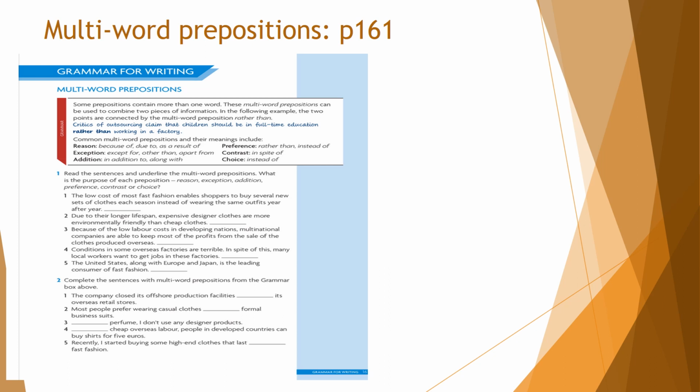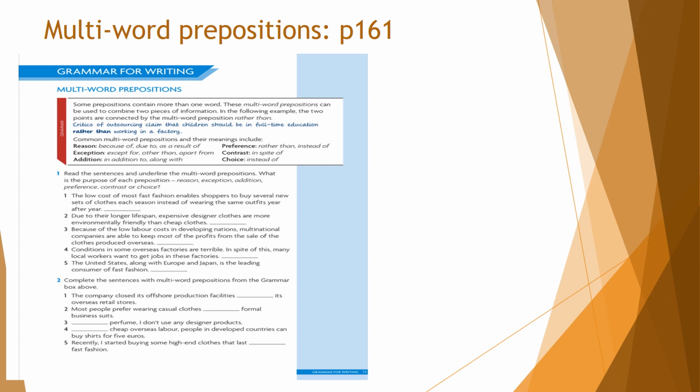Contrast, in spite of. In spite of the rainy weather, we are going to play football. I use football a lot in my examples, you can notice. So that is when you are contrasting two things. Addition, so that means when you're adding something, in addition to, along with.